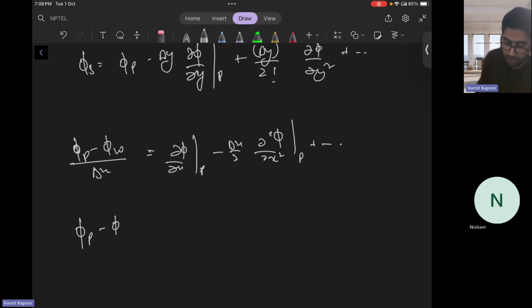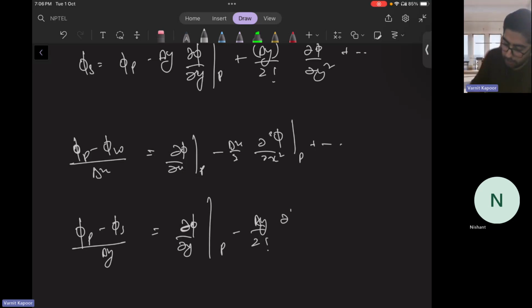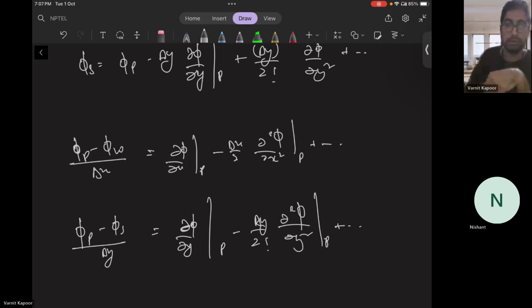And phi P minus phi S by del y will be dou phi by dou y about P minus del y by 2 factorial dou 2 phi by dou y square about P and so on. Now substitute these two values in equation 2.